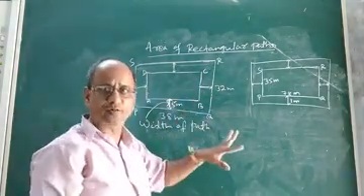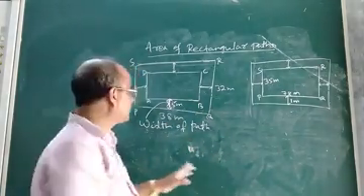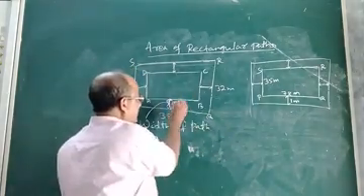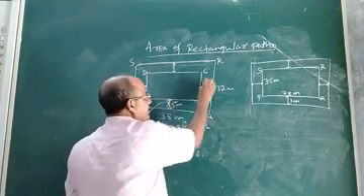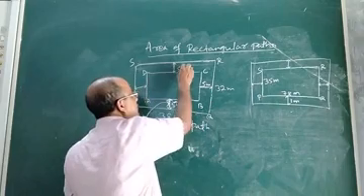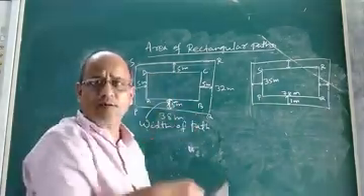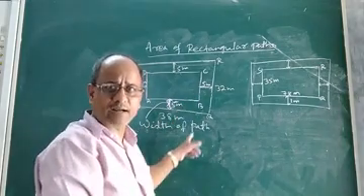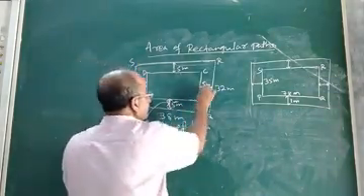If the width is uniform, it means it is having uniform width. Suppose the uniform width is 5 meter. That means here the width is 5 meter, here also 5 meter, here also 5 meter, and here 5 meter. So if the width of the footpath inside the rectangular park is uniform, now see, there is a space.